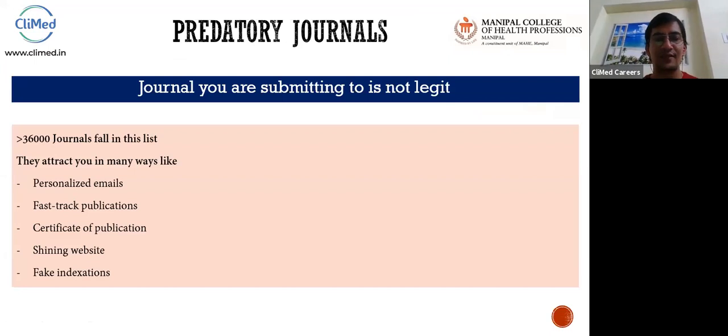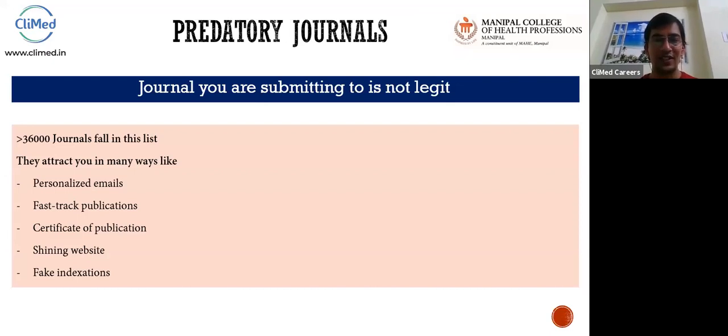So one thing is there, something called predatory journals. I was telling, there are more than 50,000 journals published per year, and they are publishing more than 2 million articles, right? But these journals are not legit. Legit means these journals are not peer reviewed, these journals are fake, these journals are just for money making.